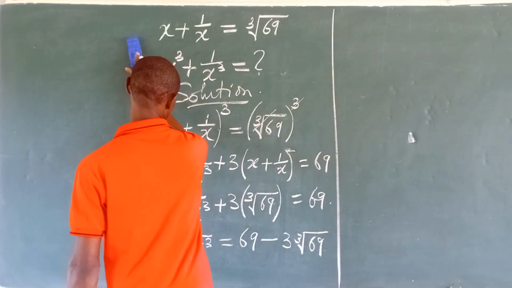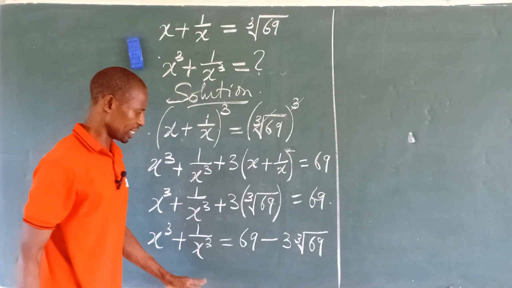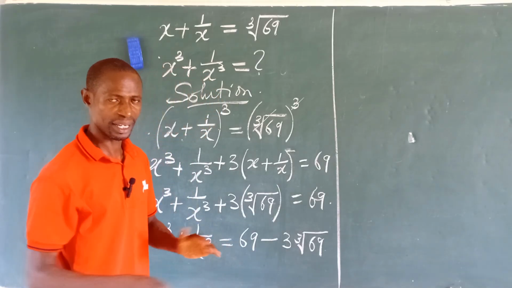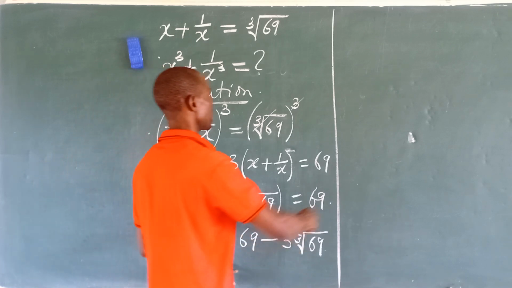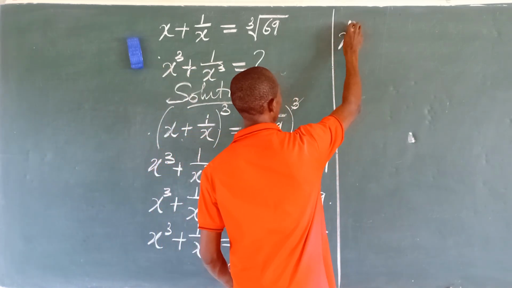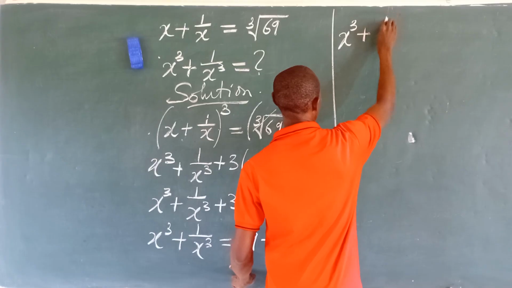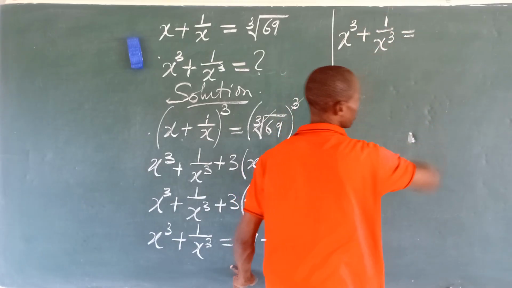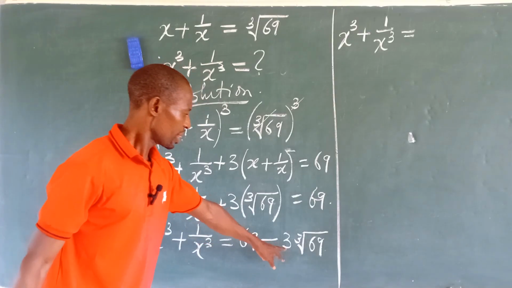Being that it's so easy, what we do next here is this. Here we have 3, here we have 3. So we can factor 3 from the system. Doing that, this is going to give us x to the power of 3 plus 1 all over x to the power of 3 equal to 3 out here.